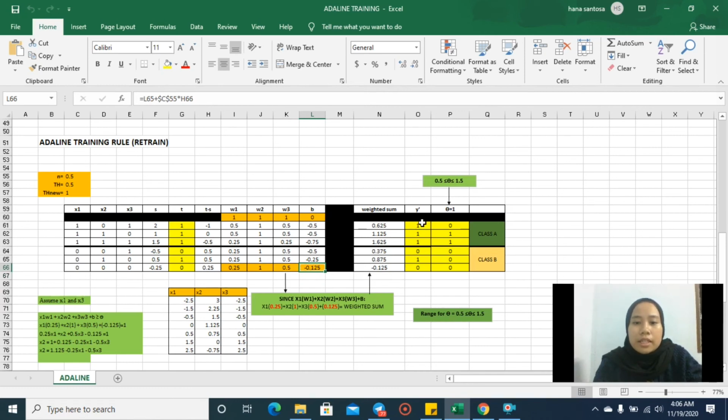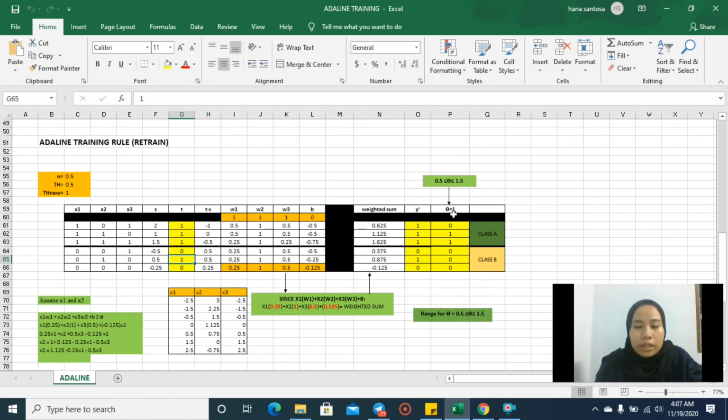Sorry, this is the value of y prime. Y prime is the same as the value of t to get 100% accuracy. I got for y prime 111010. Is this the same?